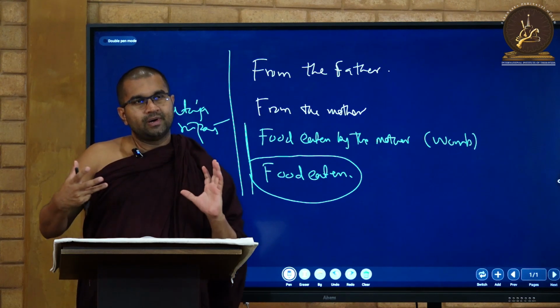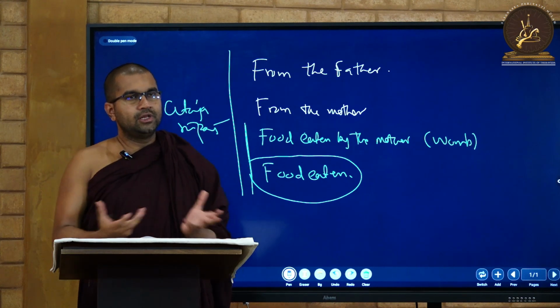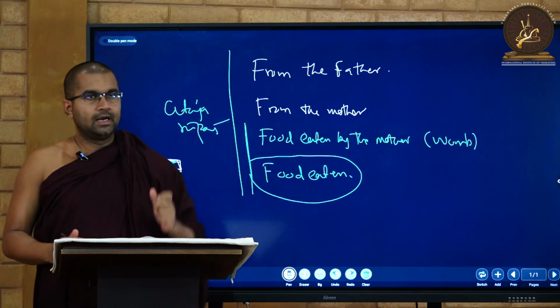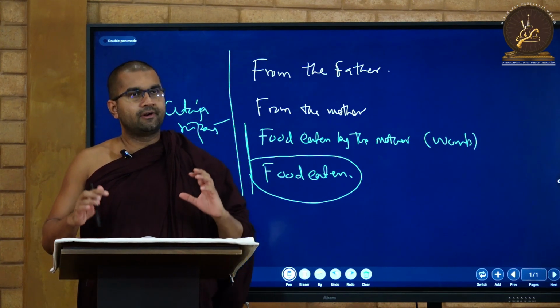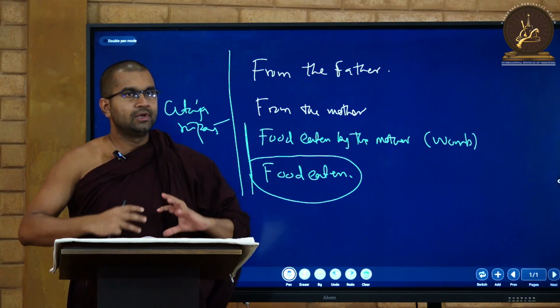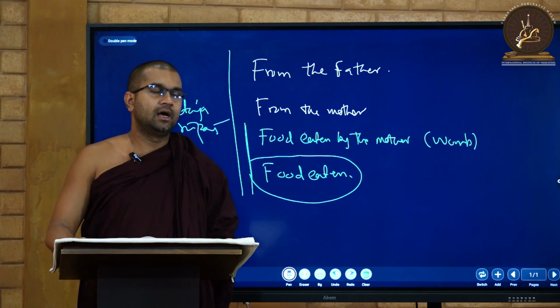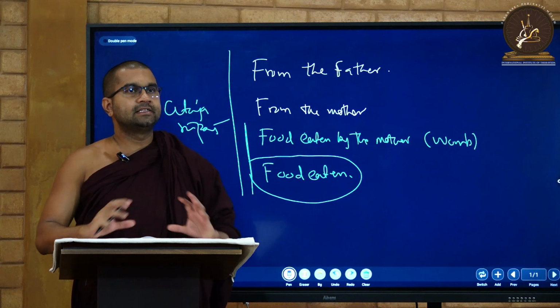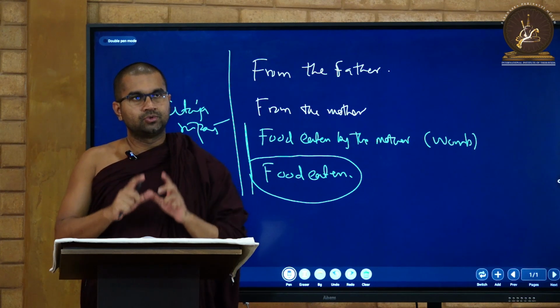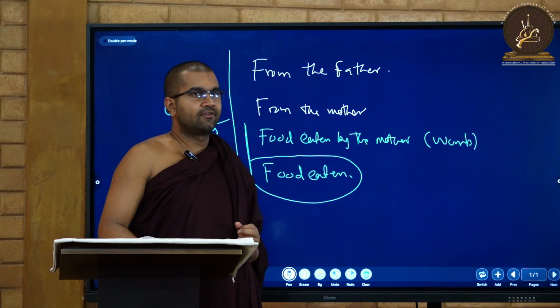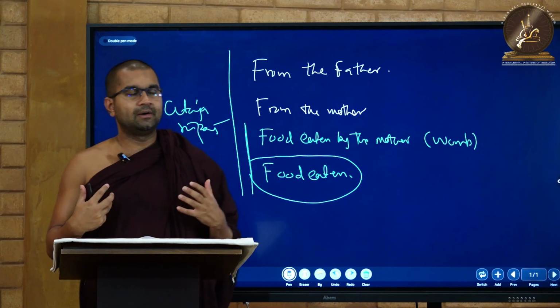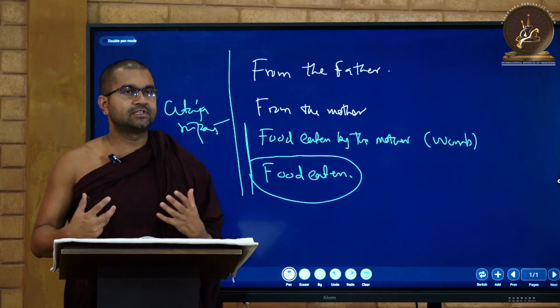Cittaja-rūpas are arising within the body, newly arising, produced by consciousness. Āhāraja-rūpas are arising due to the food that we consume. They are newly arising and energizing the body. Utuja-rūpas are also newly arising from the food or the particles which constitute the body.